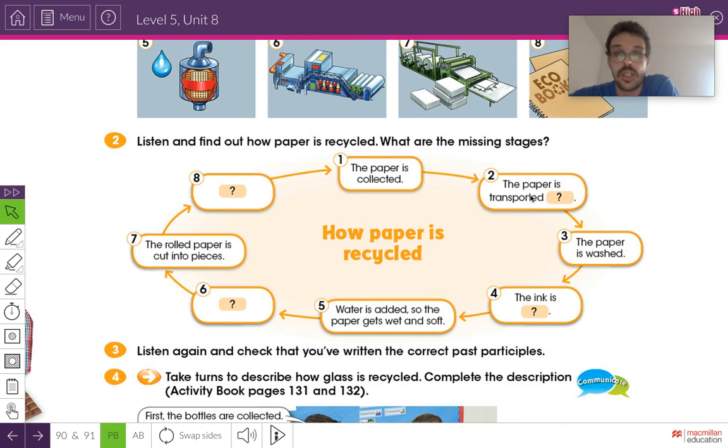So you can look back through the notebook. You see here the paper is collected, the paper is transported, the paper is washed. You can look back in your notebook at how paper is recycled, and you can find the missing phrases.